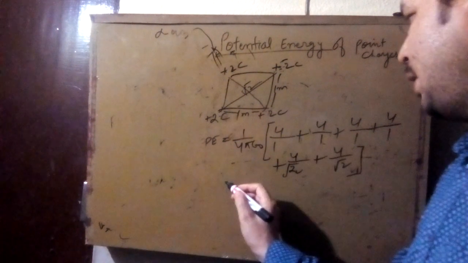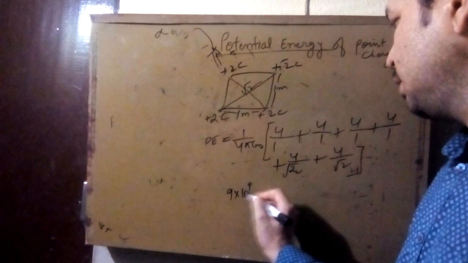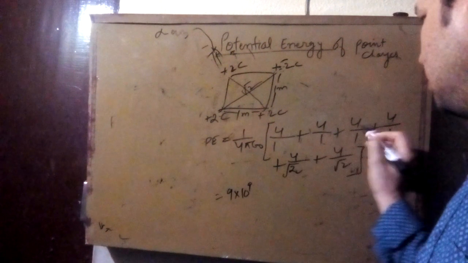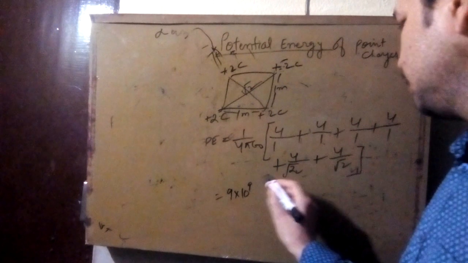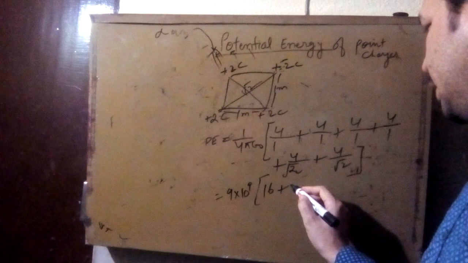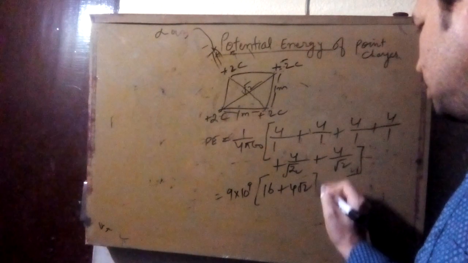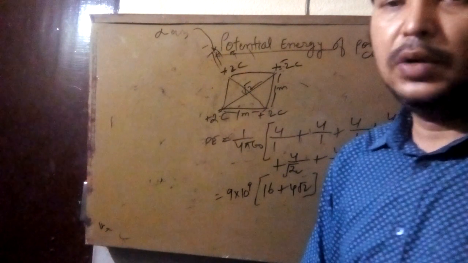Now you have to add up: 1 by 4 pi epsilon naught is 9 into 10 to the power 9, and 4, 4, 4, 4, 16, and this is 2 root 2, 2 root 2, that is 4 root 2. So you can calculate this numerical value.